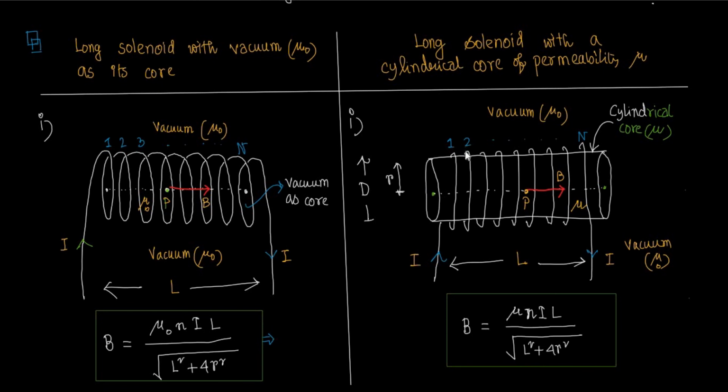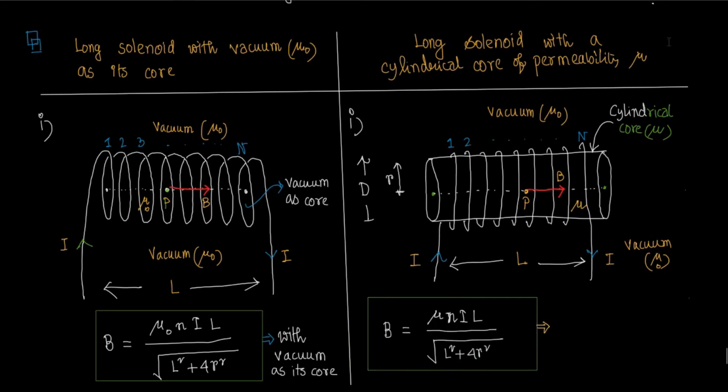On the left hand side we have the expression of magnetic field induction at a point inside the solenoid with vacuum as its core, and on the right hand side B is equal to mu N I L divided by root over L square plus 4R square. This is the expression of magnetic field induction at a point on the axis of a solenoid with a cylindrical core of magnetic permeability mu.